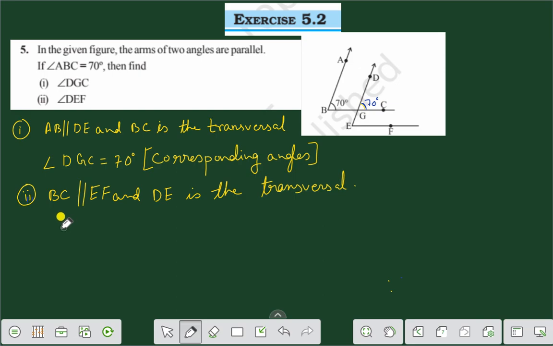Right? Therefore, we can say that angle DEF is equal to 70 degrees.